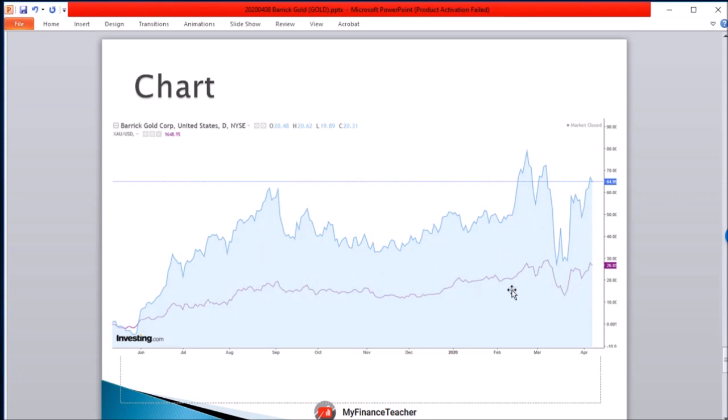Since last summer, gold gained nearly 27%, whereas Barrick gold gained nearly 65%. However, if an investor were to buy an overvalued share somewhere at the peak, the drops would be more significant than the drops in gold price as well. The potential for good returns is higher, but the risks are higher as well.